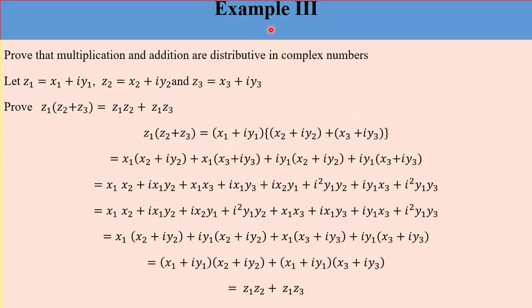Then example 3: prove that the multiplication and addition of complex numbers are distributive. This can be done by letting z1 be equal to x1 plus iy1, z2 equal to x2 plus iy2, and z3 equal to x3 plus iy3.